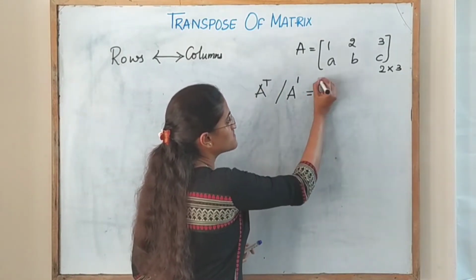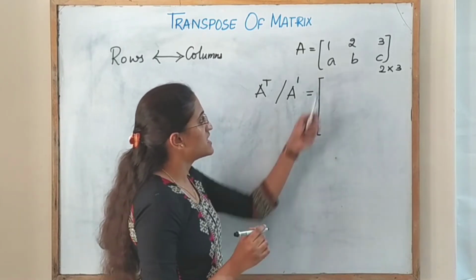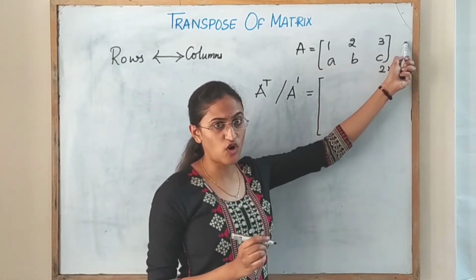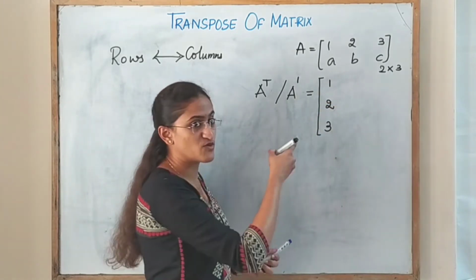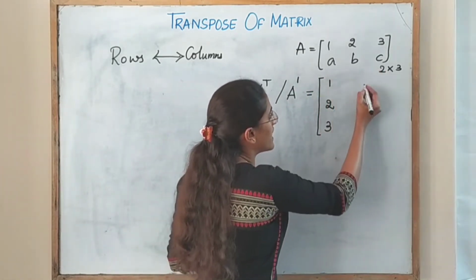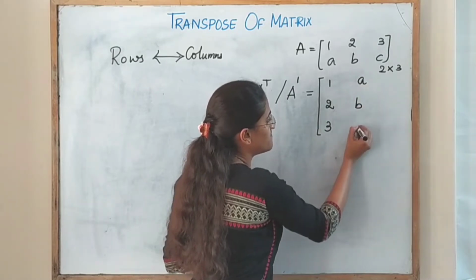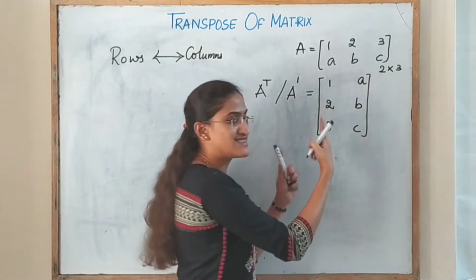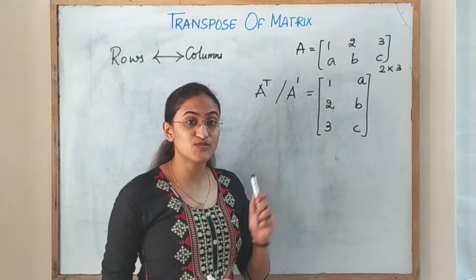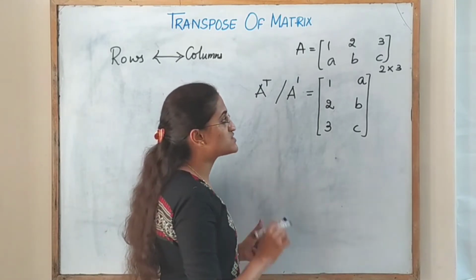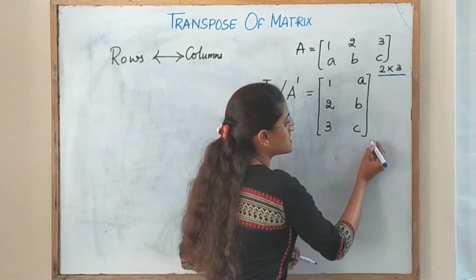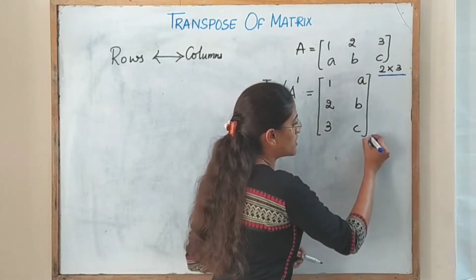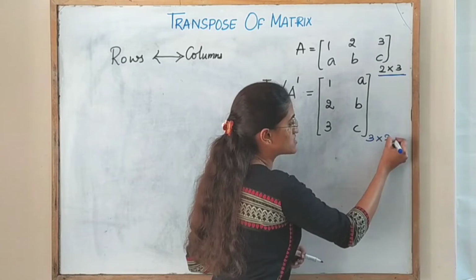The transpose is nothing but changing the first row of the matrix into the first column of the transpose and the second row into the second column. This is called the transpose of the matrix. You can also notice that the order is exchanged. That is, in this transpose, the order of the matrix will be 3 cross 2.